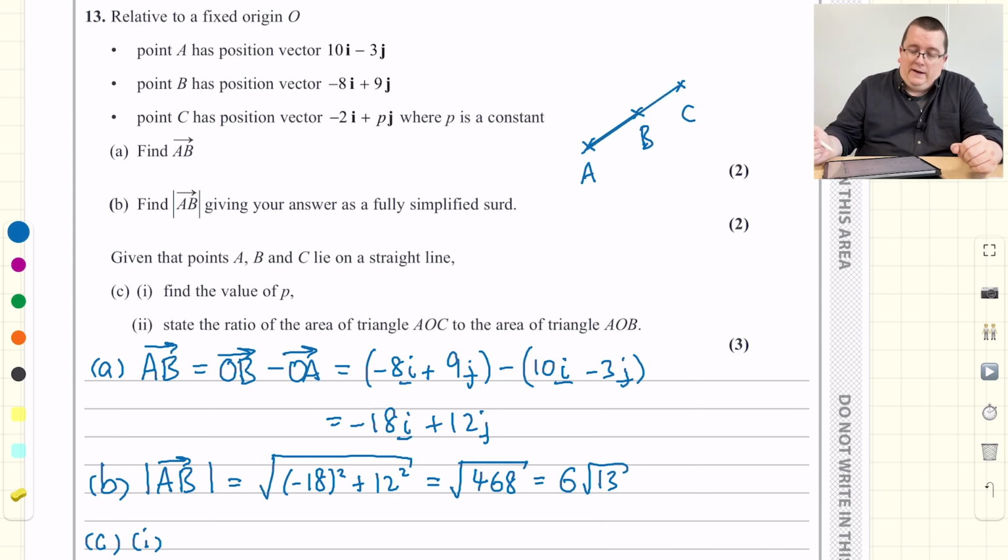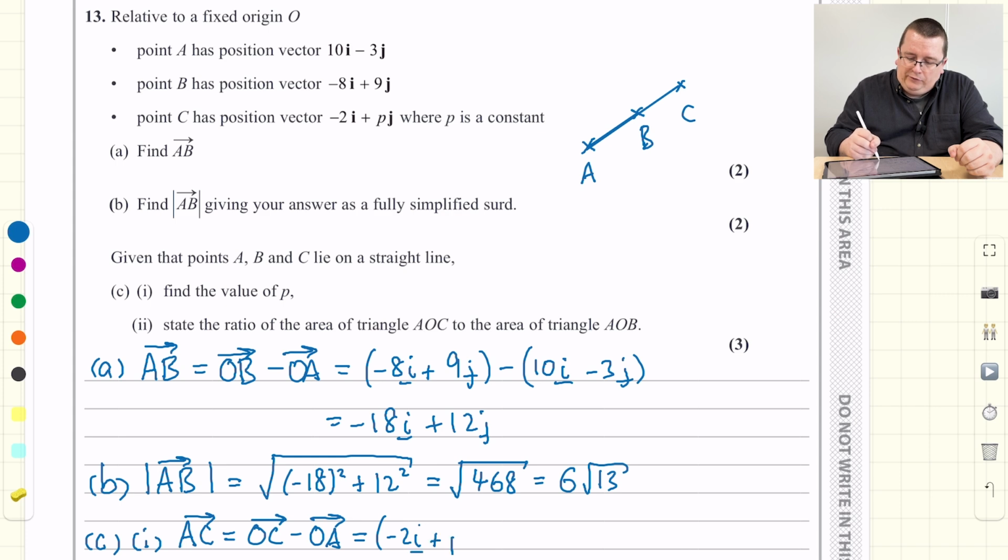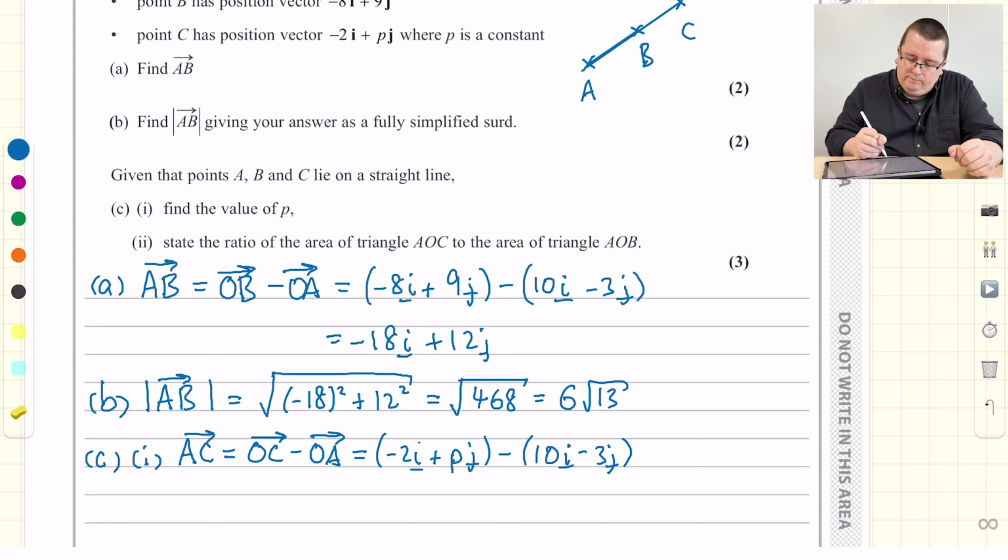So we're going to use that fact. So we've already got AB. So if we work out AC, so AC is OC minus OA. So minus 2i plus pj, take away 10i minus 3j. So we're going to get minus 2 take away 10, so minus 12i, and then p take away minus 3, so p plus 3j.